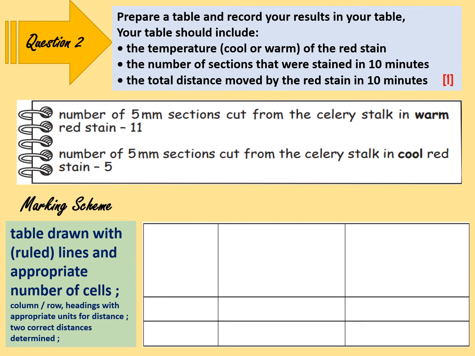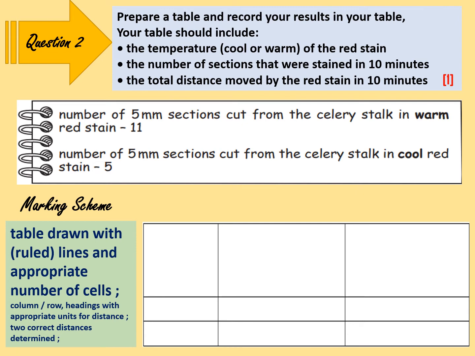The number of 5 millimeter sections cut from the celery stalk in the warm red stain was 11, while the number of 5 millimeter sections cut from the celery stalk in the cool red stain was 5.